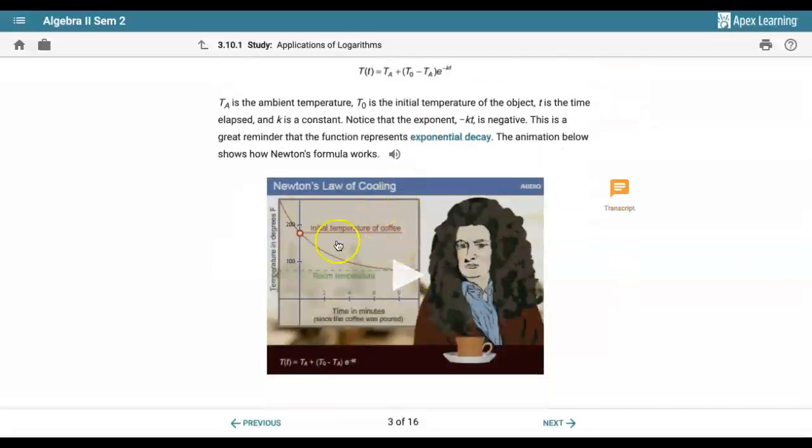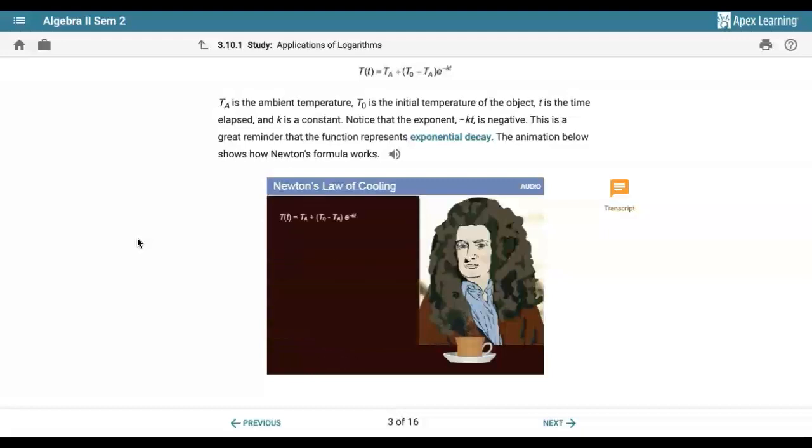All right, so if we look at how Newton's formula works here, we can take a minute and watch this animation. Sir Isaac Newton developed a mathematical model called Newton's law of cooling that may be used to calculate how long it will take the coffee to get to a drinkable temperature. What do all those letters stand for? It looks complicated, but it really is not. Here's what they all mean.